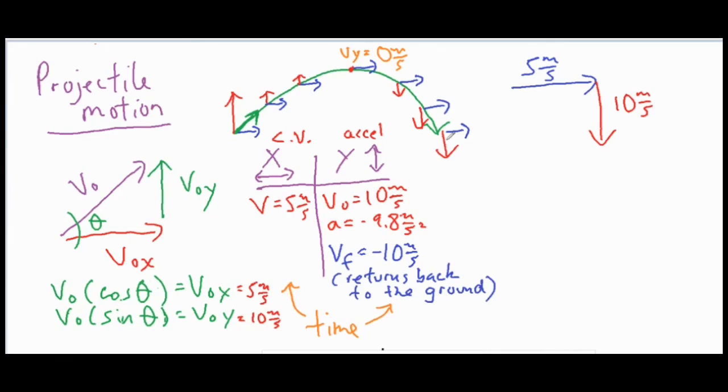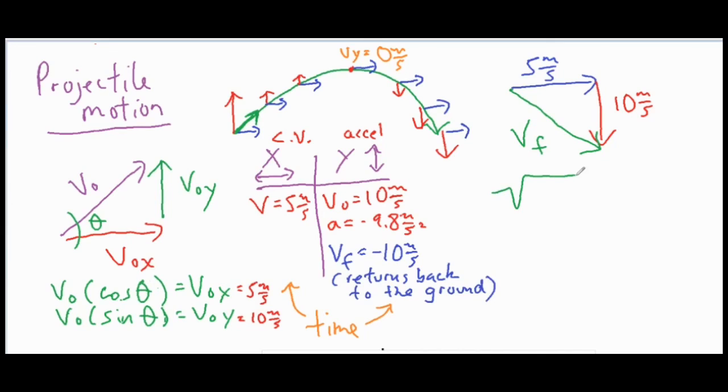Okay, so if I'm looking for the final velocity over here at the very end, I have one vector to the right and one going downwards, and then my answer is always going to be connecting the beginning of the first vector to the end of my last one, and that resultant vector is going to tell me my actual final velocity. So my actual final velocity isn't this negative 10 meters per second, because that's only my vertical component. It has to be combined with the horizontal one.